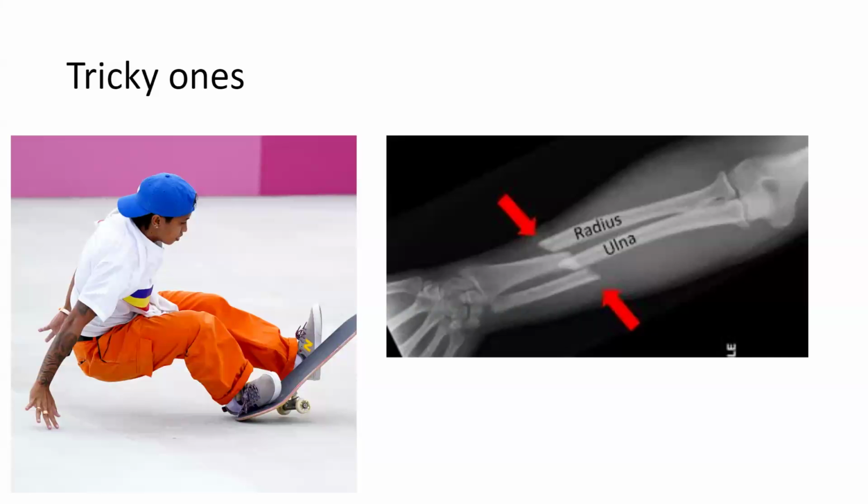Now, in the past, we've tried treating these kinds of fractures with just fixation of one bone, and it doesn't work. We found that it ends up being too unstable, and you end up with lots of callus forming on the other bone.